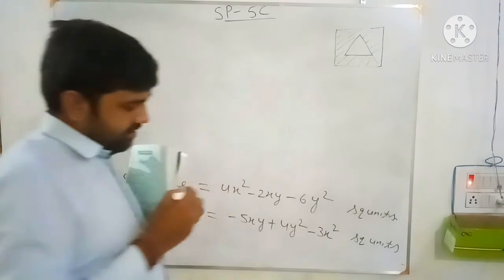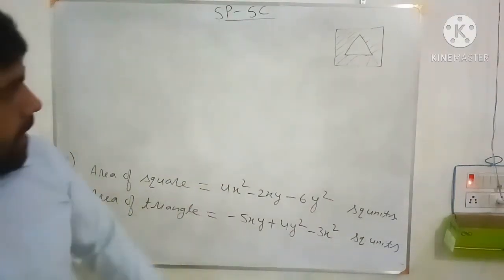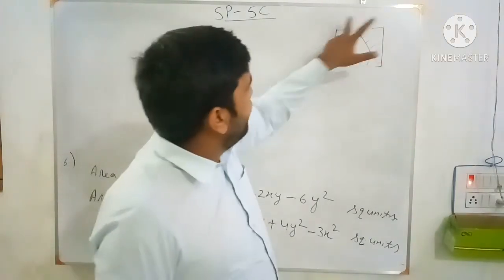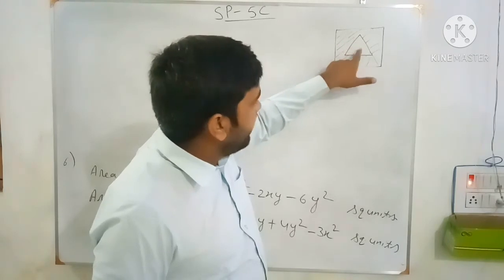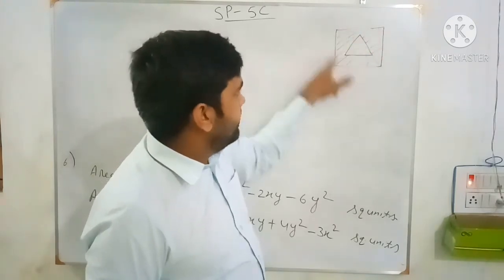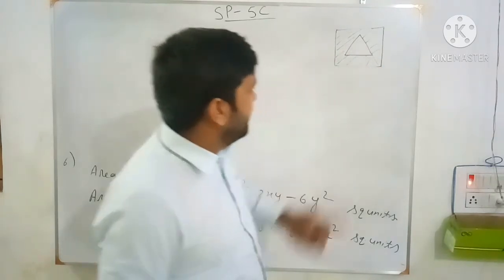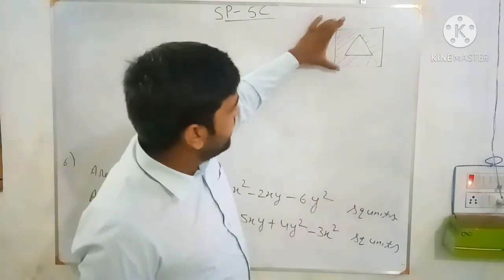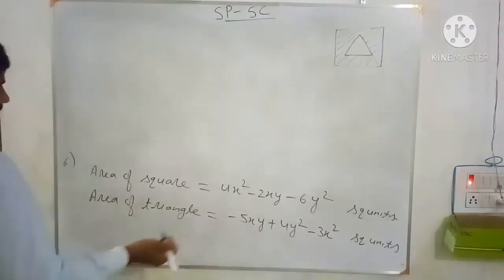So this region we have to find. Now the area of the shaded region is the area of square minus area of triangle. Only inside the square, the area of triangle is unshaded. See, inside the square, this triangular portion is only unshaded. So from the area of the square, we have to subtract this unshaded area. So then we will get the area of the shaded region.